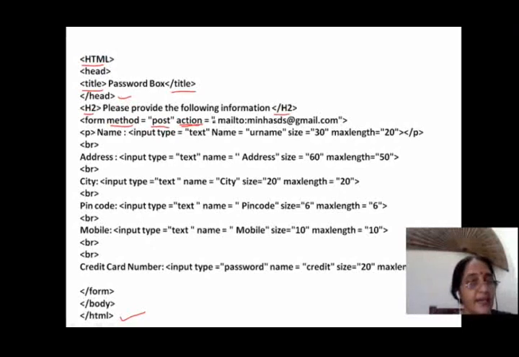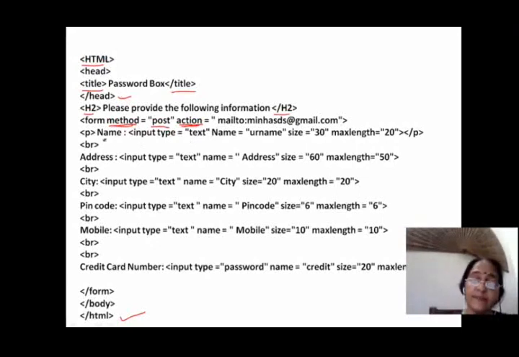Method is where this form is going to be posted, and action is where you will collect all the information. So these are the two things, the method and the action. Method is where you will post, and action is where you will collect the information, right?